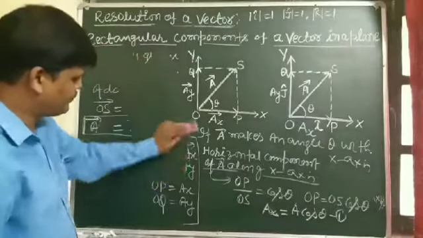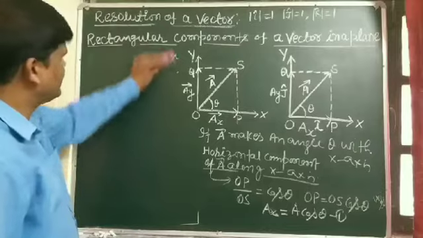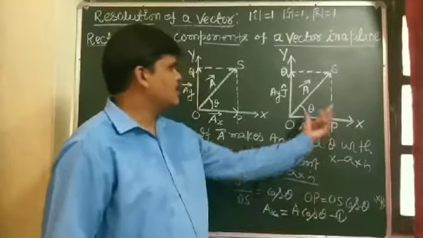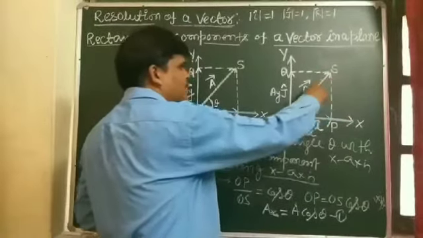And what is the vertical component of A? It is perpendicular by hypotenuse.